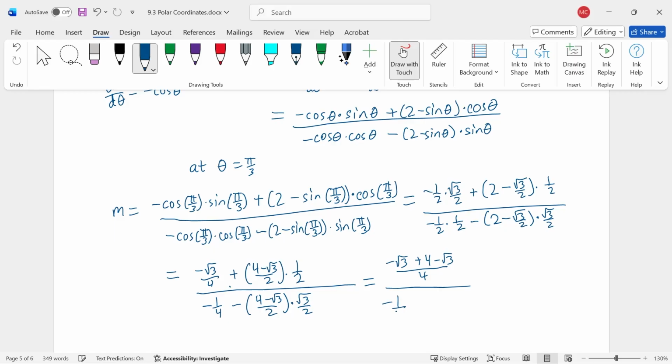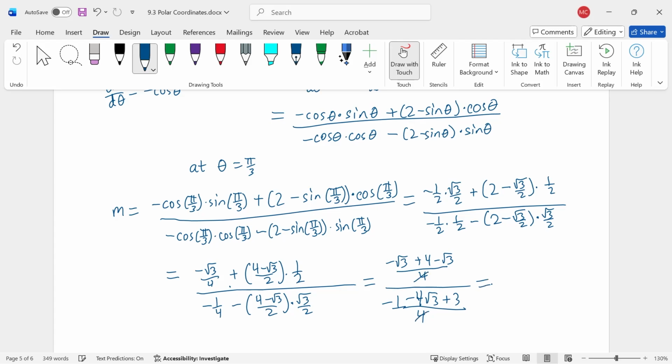And a similar thing's going to happen in the denominator, but let's be careful here. We're going to distribute this negative and the square root of 3. So I'm going to get negative 4 root 3. And then when I distribute the negative here, it's going to be positive root 3 times root 3, which is plus 3. And that's all over 4 as well. Let me write that a little better. Now we know when we're dividing fractions, we multiply by the reciprocal, but that's going to lead to these 4's canceling.